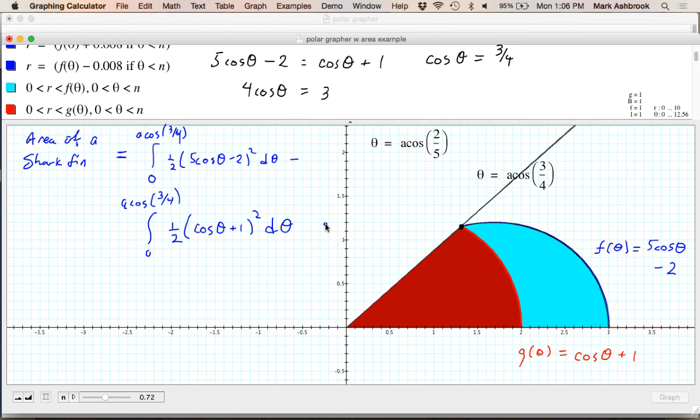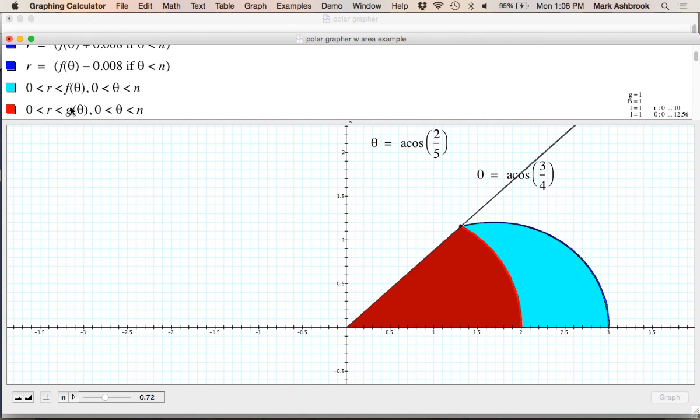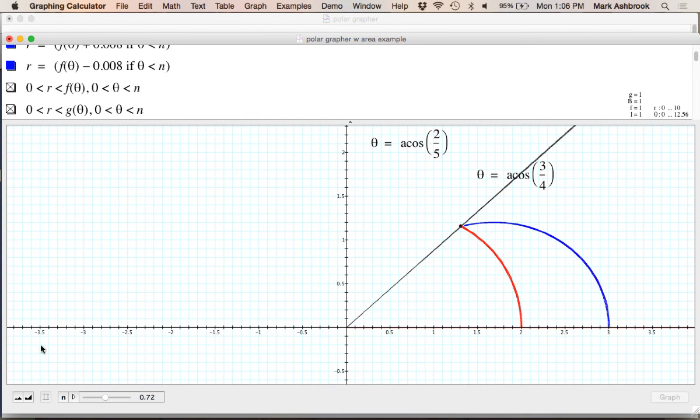So now what about this area? So now this one.